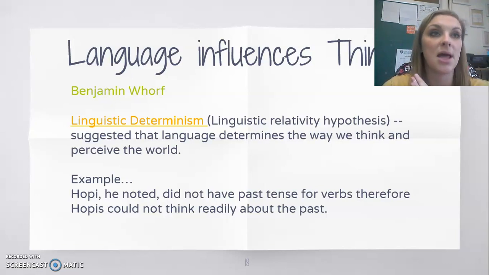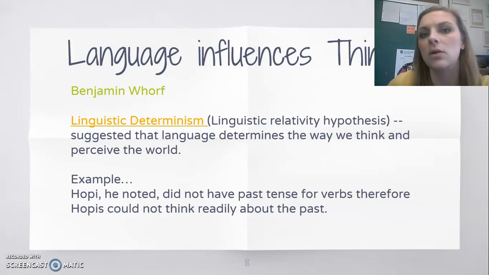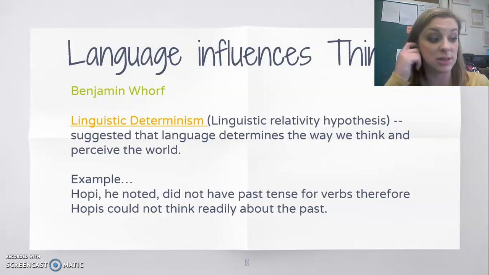For example, there is a group of people called the Hopi, and he noticed that the Hopi do not have past tense verbs. So he believed that Hopis could not think about the past. This is the idea of linguistic determinism. If you do not have a past tense, you cannot think about things that happened before because our language doesn't allow for that.